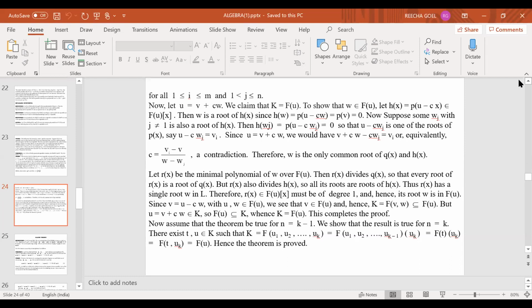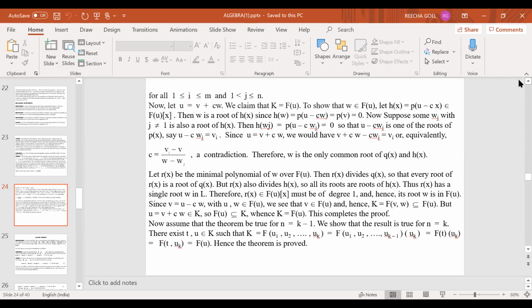So it means u - c wj is one of the roots of p(x). Let's say u - c wj is equal to vi for some i. So this implies u is equal to vi + c wj, but u is nothing but v + cw, so I equate both sides.